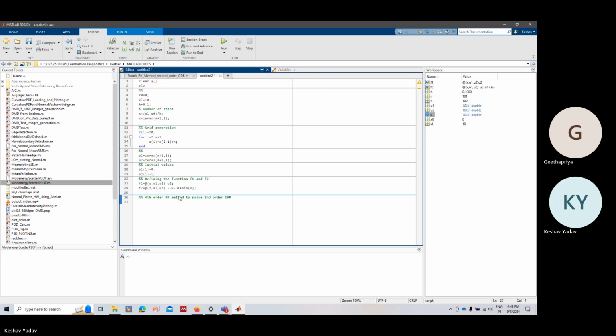Okay, so if I want to find K11, what will K11 be? Let me check in my notes. K11 is F1 at xi, yi. F1 at xi, yi means F1 at xi, U1 at i, and U2 at i.